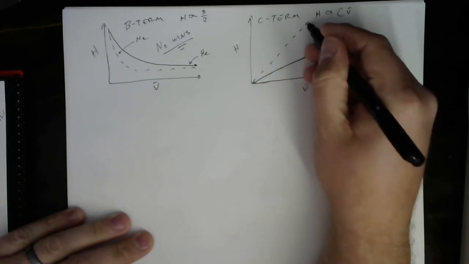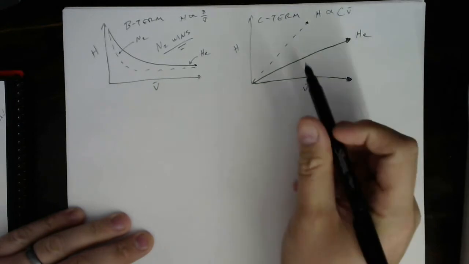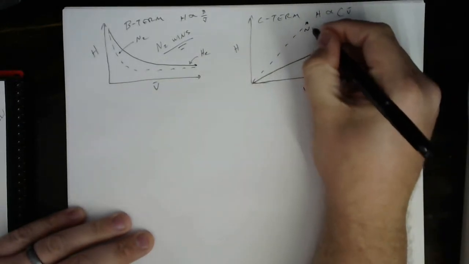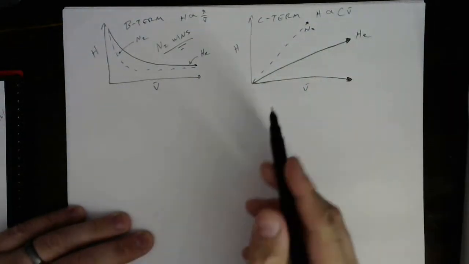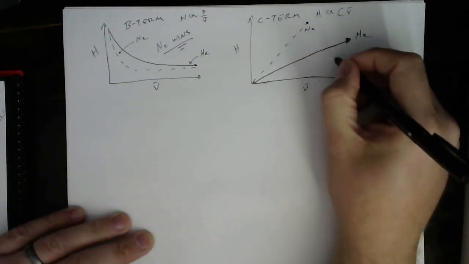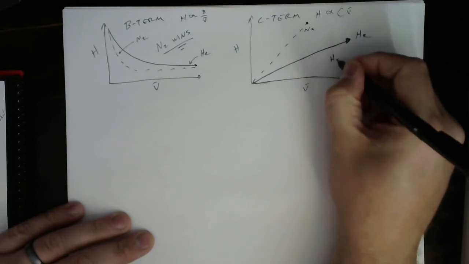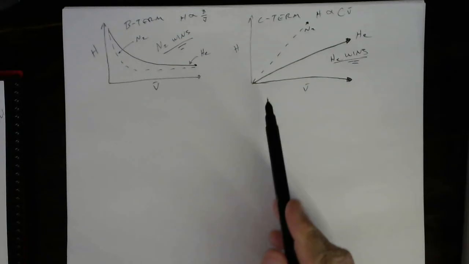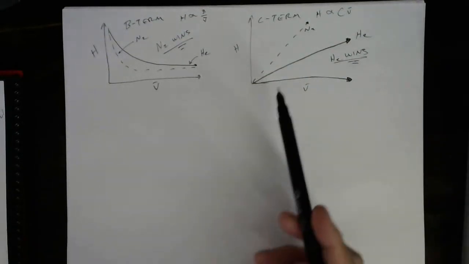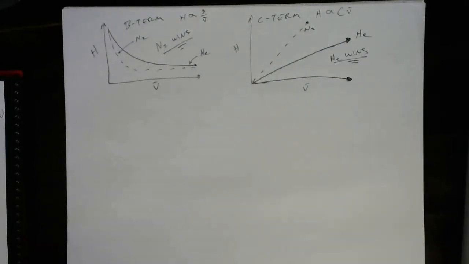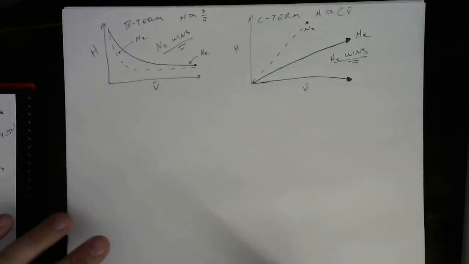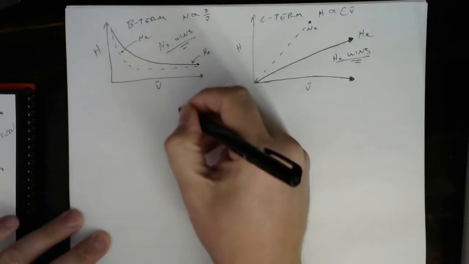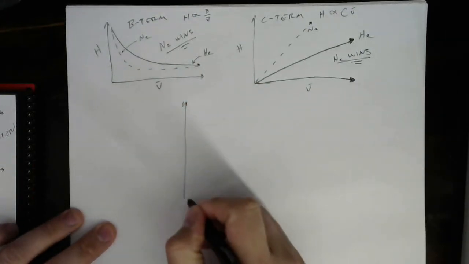That is to say that the faster you go, the worse, relatively speaking, the H gets for nitrogen as compared to helium. So in this particular half of the equation, we can say that helium wins. Right? Helium is the better solution because its band broadening grows at a slower rate than the band broadening due to resistance to mass transfer would grow for a mobile phase of nitrogen, or carrier gas of nitrogen.